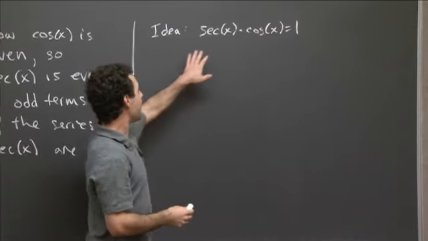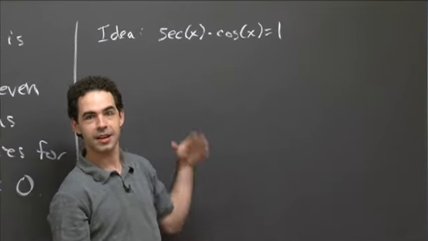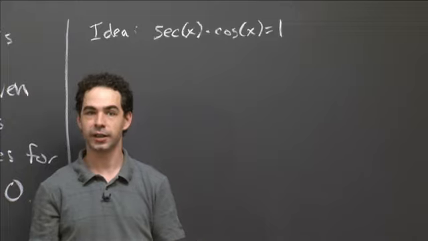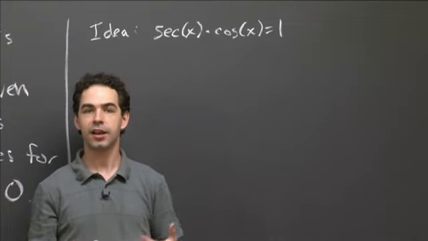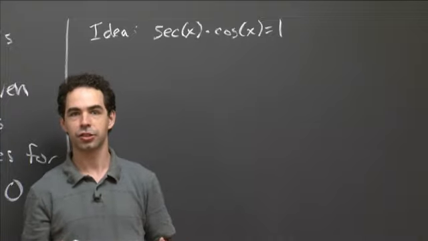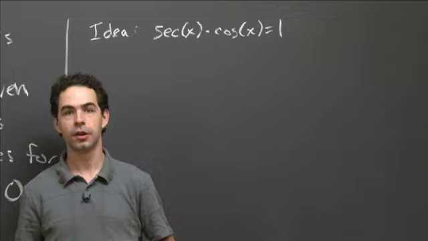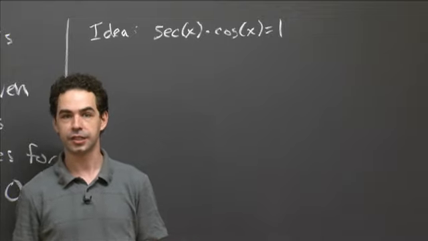Now, that means that the Taylor series for secant of x times the Taylor series for cosine of x has to simplify just to 1. So we can write down that product as a product of two infinite polynomials, and we can start multiplying term by term. And that'll allow us to solve for a bunch of terms just by solving some simple linear equations.